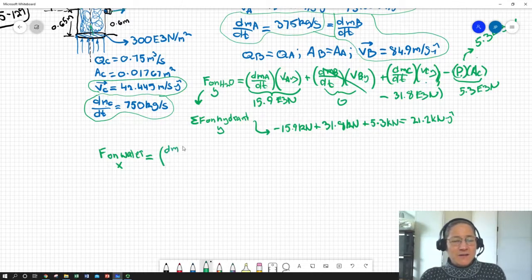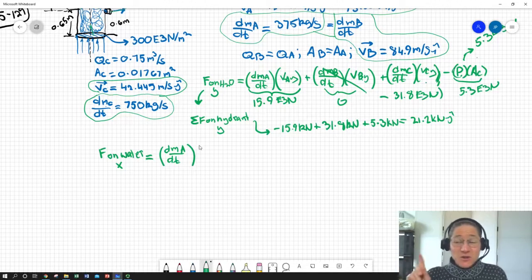So we've got our mass flow rate, not the change in mass flow rate, because we're at steady state. There is no change in the mass flow rate. It is constant, but mass per unit time.